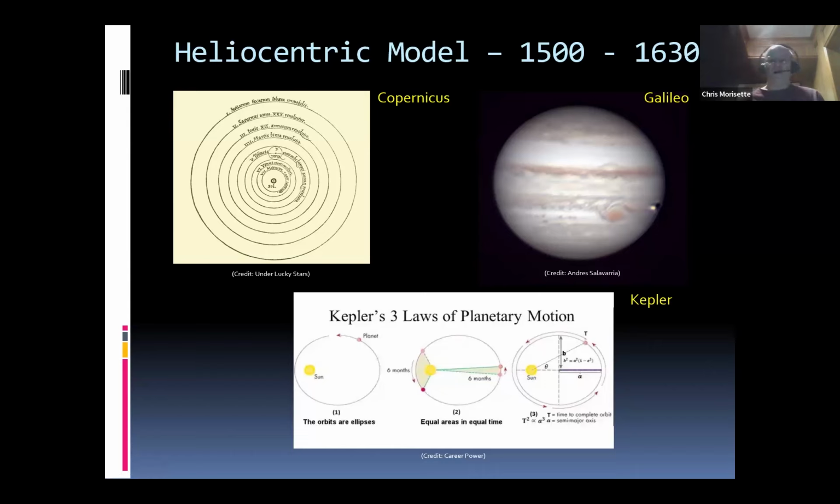Then his third law provides a mathematical relationship between the time to complete an orbit and the semi-major axis, which is denoted by A right down here. It's a T squared is proportional to A cubed relationship.